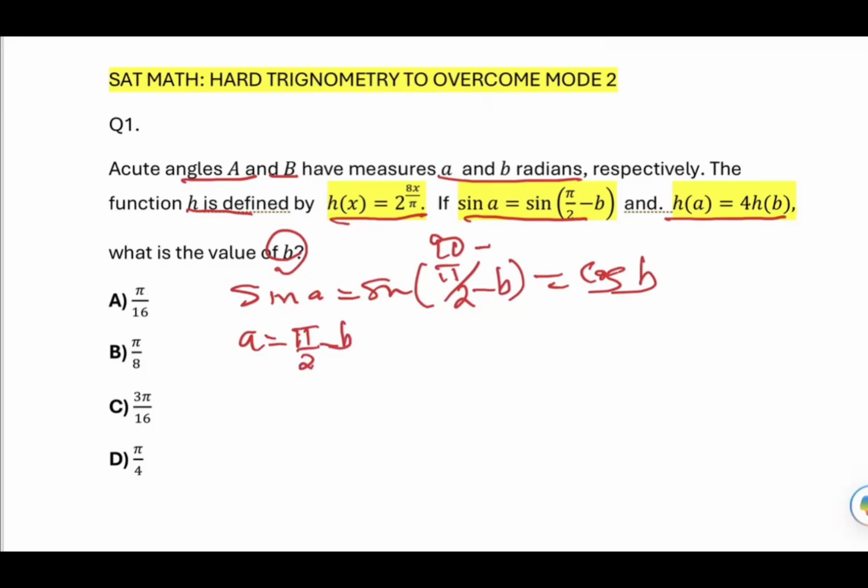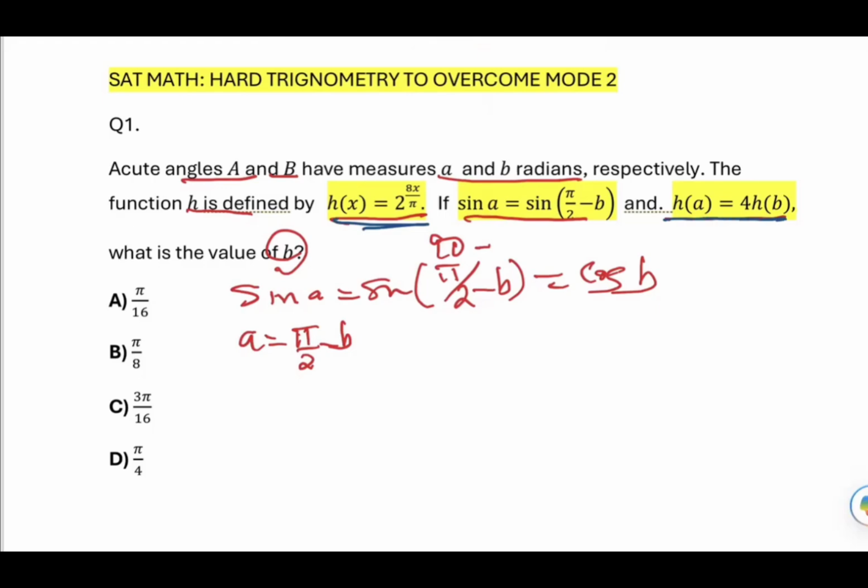The second equation, we've been given this function, h of A is equal to 4 h of B, where I'm going to put that value in. And what is the actual function? H of x is 2 to the exponent 8x over pi. Scary function, but don't worry, I got you.